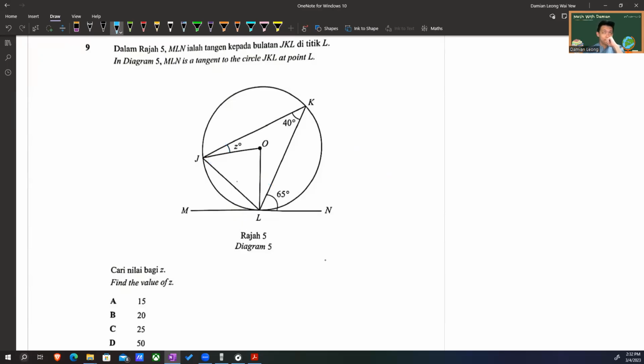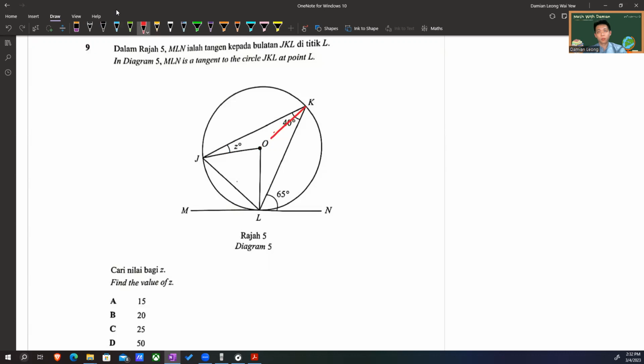So let's see. There's a few ways. Let me show you the easiest way actually, is to split the line here.